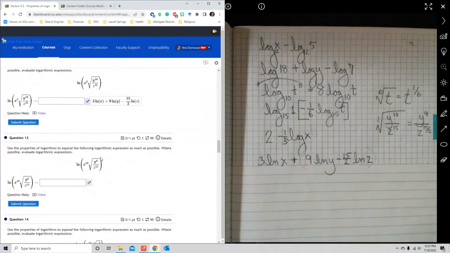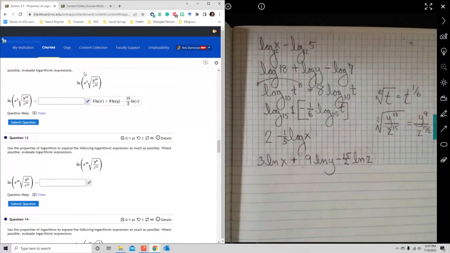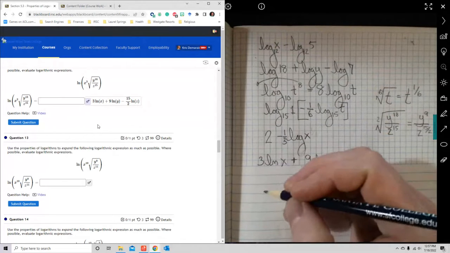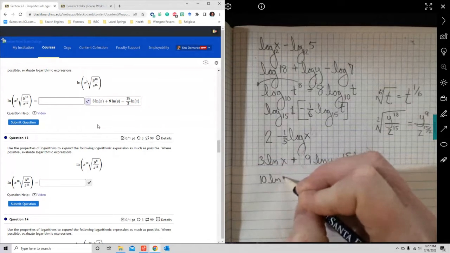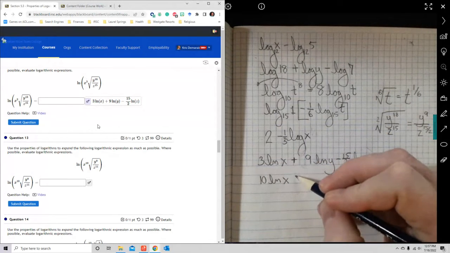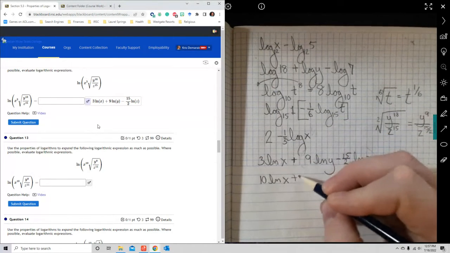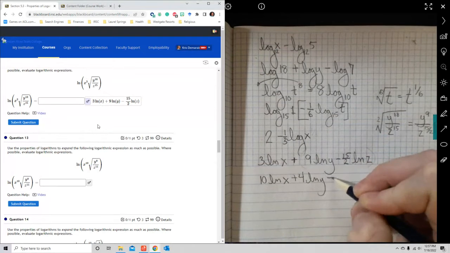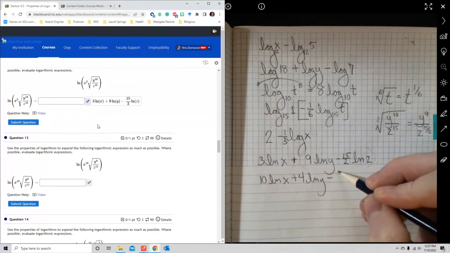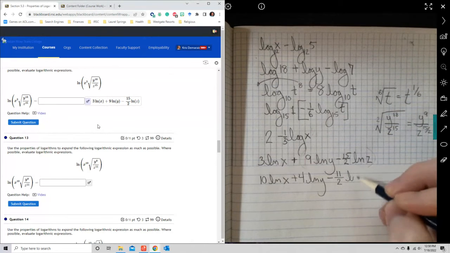All right. So then you keep on, well, this one's almost identical to this one. So I'm just going to go ahead and write it down as 10 ln x, and then it's 1/2, so it's going to be 2 goes into 8 4 times, so it's going to be plus 4 ln y, and then minus, and then it's going to be 2, so it's going to be 11 halves ln of z.